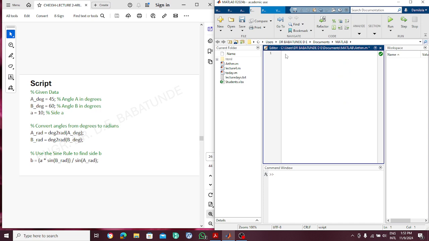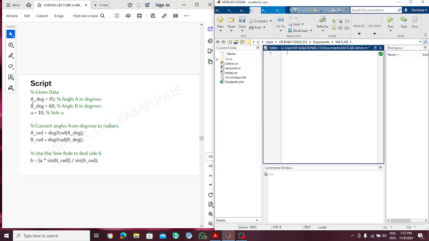Now, like I said, we need to declare the variables that are given. We are given the angle A, angle B, and side A. Angle A in degrees, so that's why I have called it A underscore deg, to indicate that this is in degrees, because later we get the angle in radians. So to differentiate, we have A deg, we have A rad.